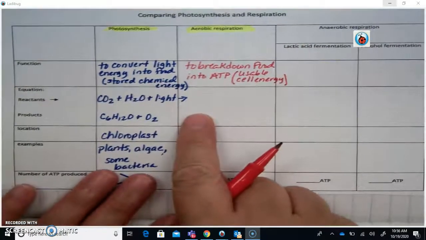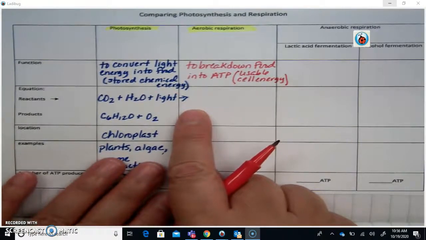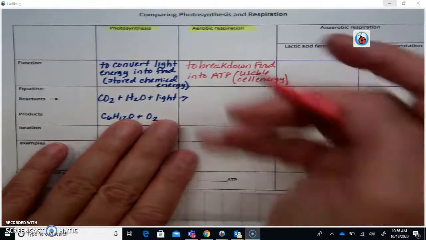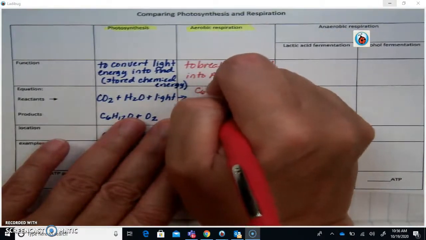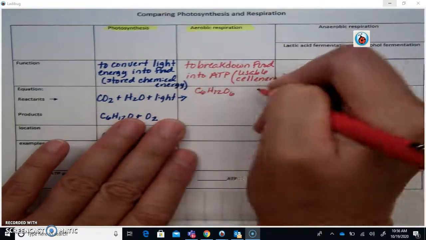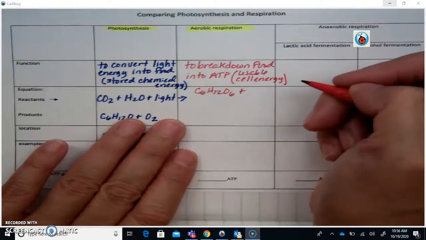As far as the overall equation, what are the reactants? Well, the reactants of respiration, again, we're going to start off with glucose, C6H12O6. Again, this is aerobic respiration, so it requires oxygen.